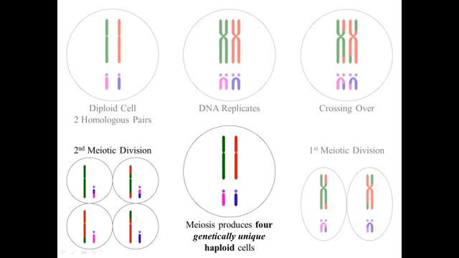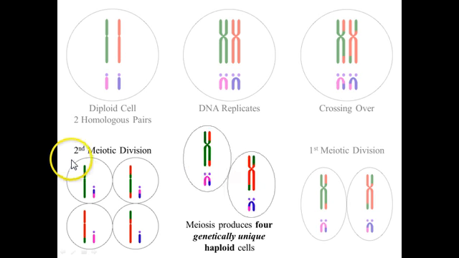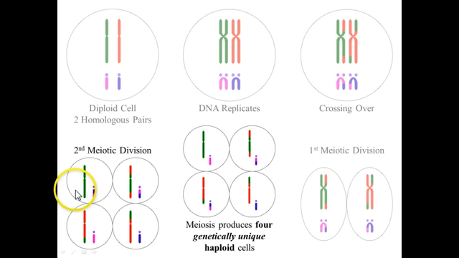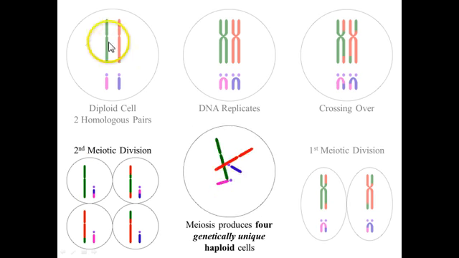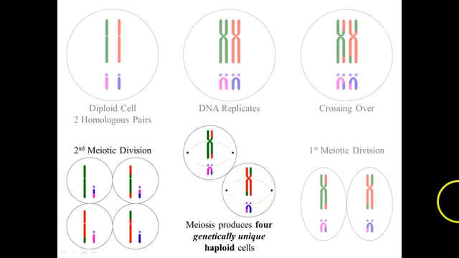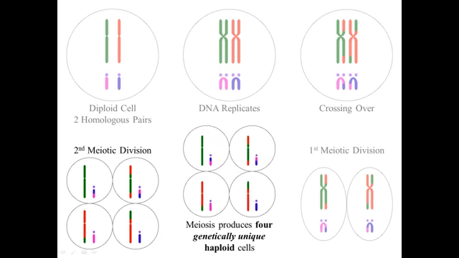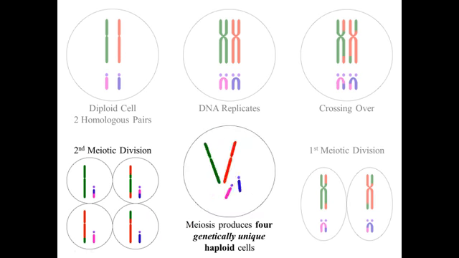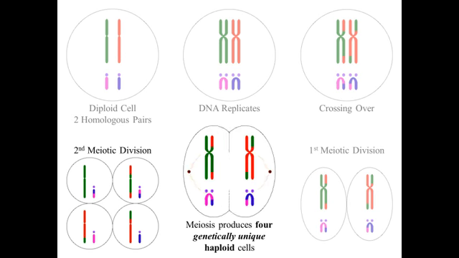And then during the second division, each of the gametes has one set of chromosomes. So we started off with 4 chromosomes here, and now you'll notice that each of the resulting cells only has 2 chromosomes. Okay, so we end up with half the number of chromosomes.